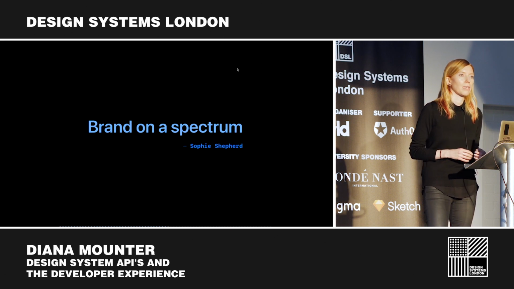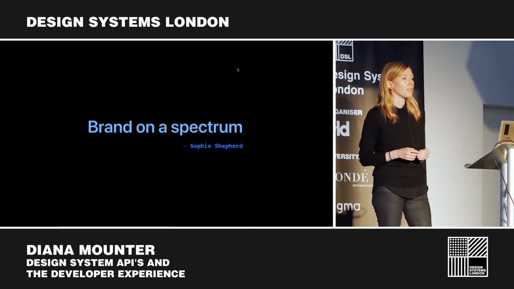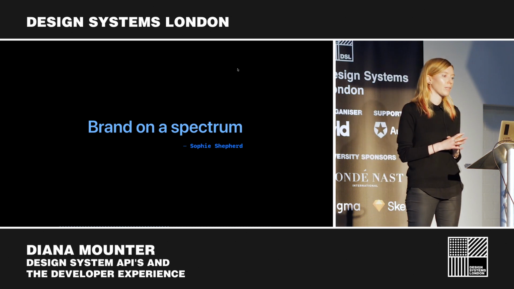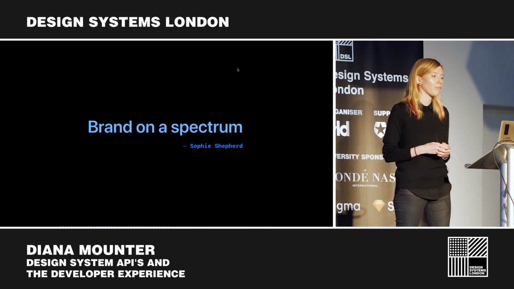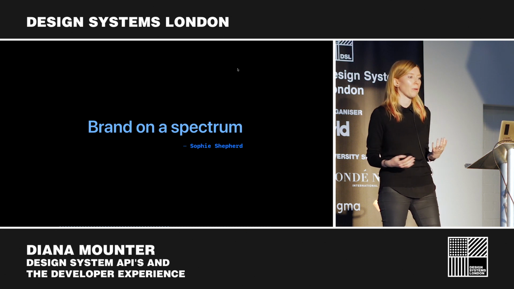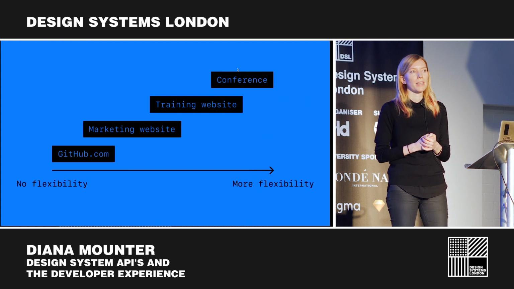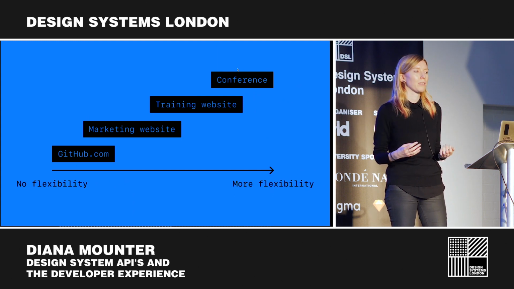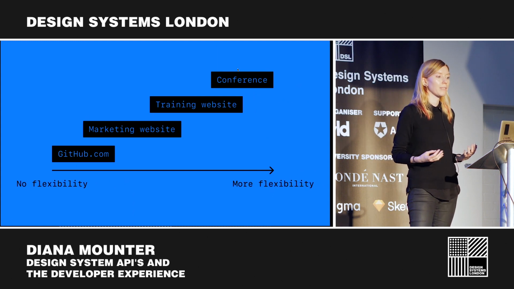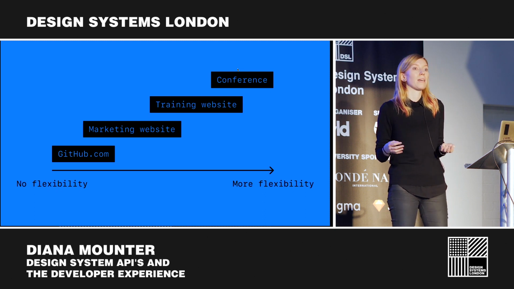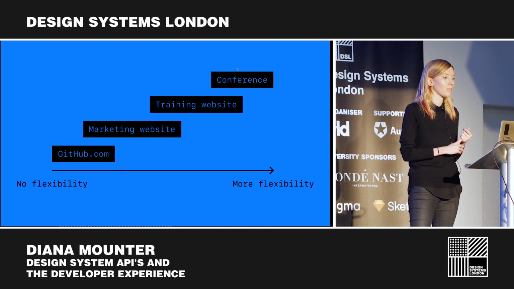My colleague, Sophie Shepherd, who works on the web design team, came up with this really great way of thinking about it, which is brand on a spectrum. When we're looking at github.com, there's really not much flexibility in terms of the representation of the brand. It needs to look like GitHub. It needs to use our colors. It needs to use our typography.